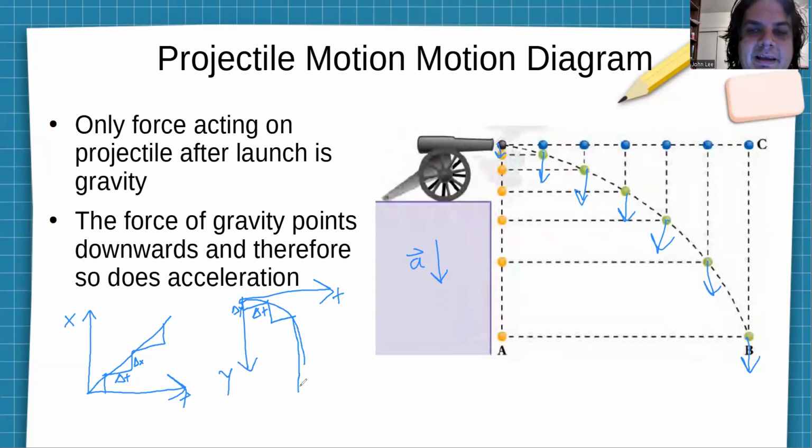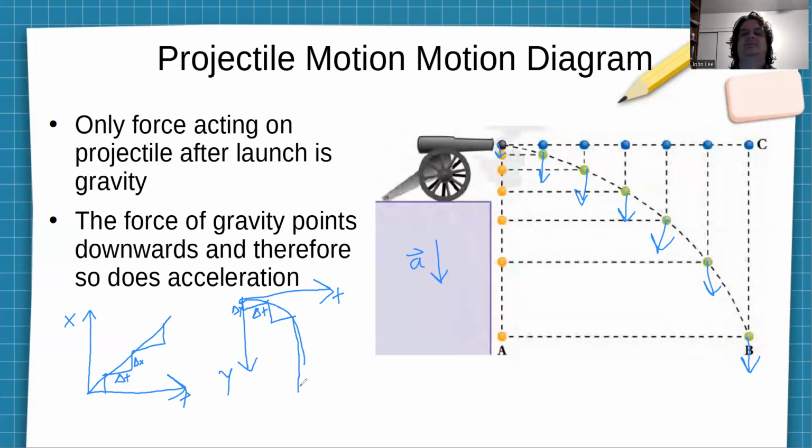So delta y gets bigger the more time passes as we look in the y direction. So delta y gets bigger, but the delta x stays the same.